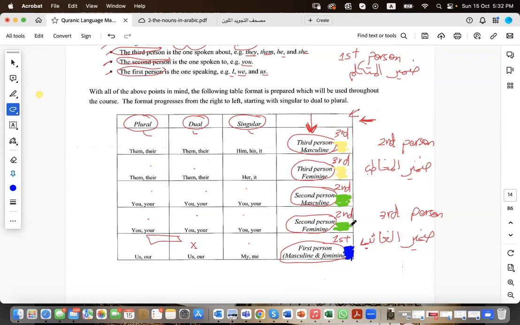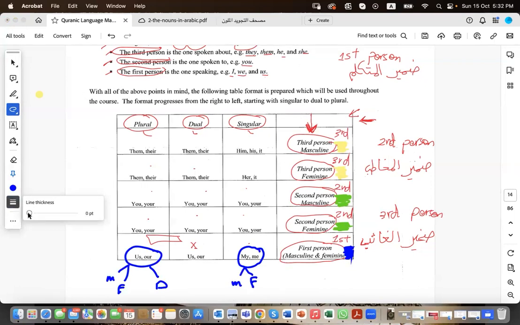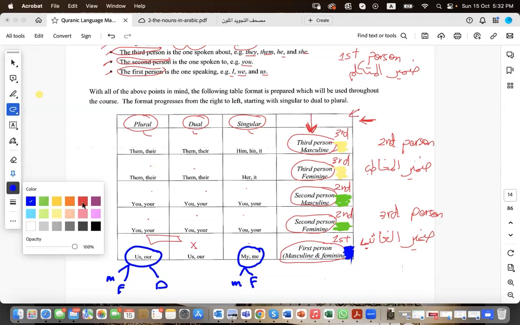So with the first person, whatever we have in the singular is going to be used for masculine and feminine, and whatever is used in the plural is used for plural masculine, feminine, and also for the dual. And this is something that we're going to speak about in detail later on, so please don't worry about it, okay?